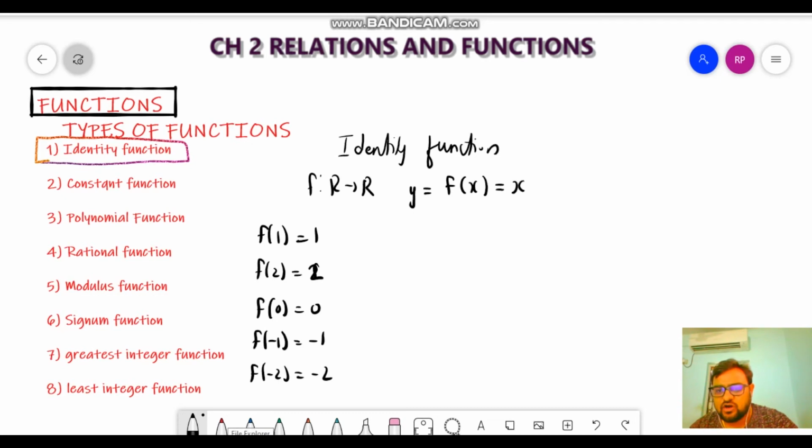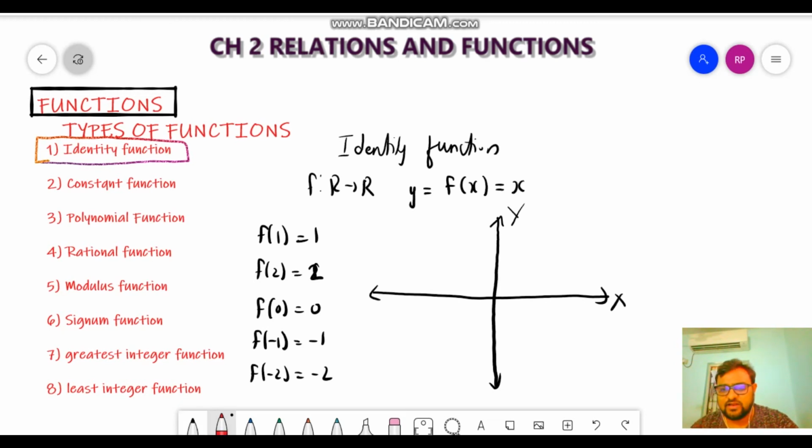Now if I want to draw the graph of the identity function, let this be the y-axis and this be the x-axis, with coordinates 1, 2, 3, minus 1, minus 2, minus 3 on each.